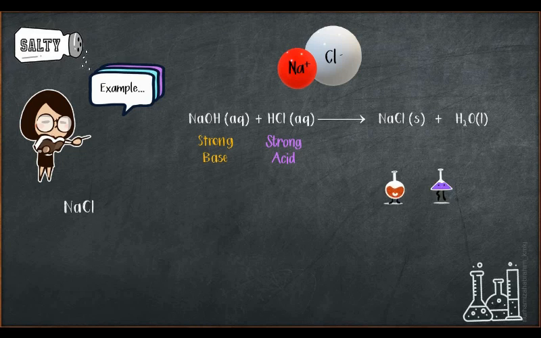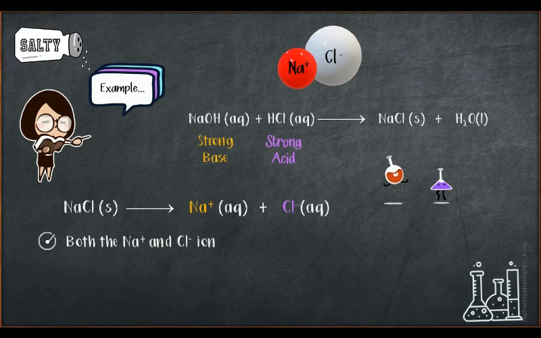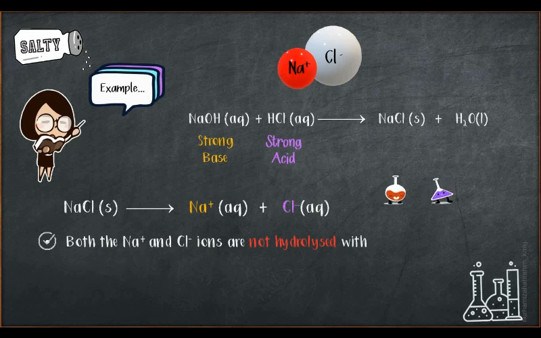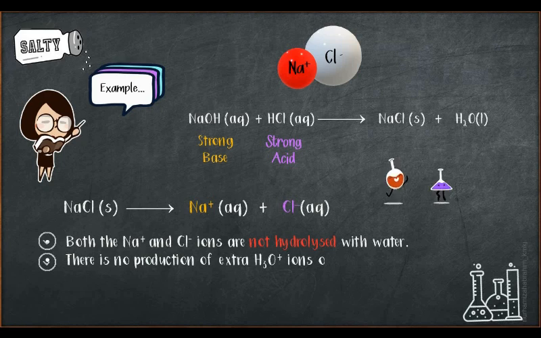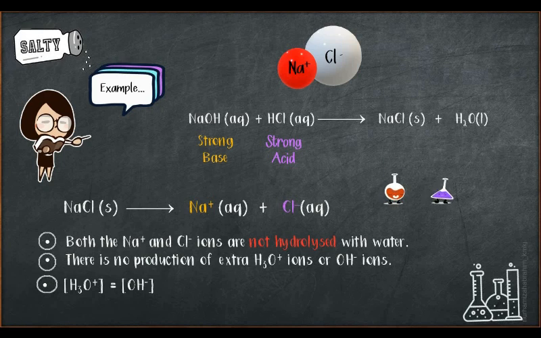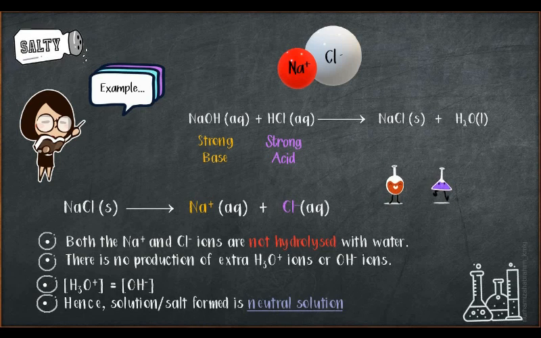When sodium chloride dissolves in water, it will produce sodium ion, Na+, and chloride ion, Cl-. Both ions are not hydrolyzed with water. So, there is no production of extra hydronium ions and hydroxide ions, which makes both concentrations the same. Hence, the salt solution formed is neutral.